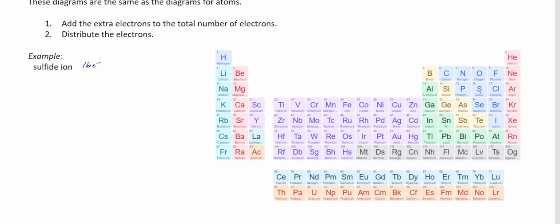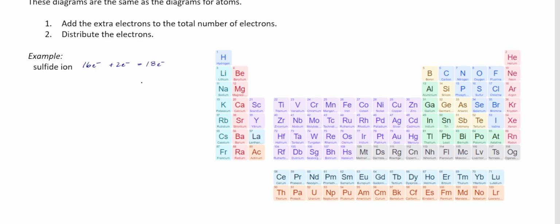Nonmetals have a tendency to gain electrons, and they want to gain sufficient electrons to have an electronic configuration similar to a noble gas. So sulfur will gain 2 electrons so that it has the same electron configuration as argon, or we say that this is isoelectronic with argon. So sulfur is going to gain 2 electrons for a total of 18 electrons.